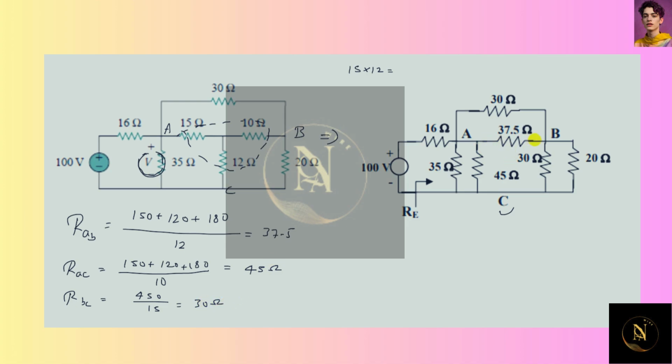So here we have made this circuit, and now combining all the resistors, here this would be 30 ohm parallel with 20 ohm. So 30 ohm parallel with 20 ohm would give you 30 multiplied with 20 divided with 50, since 30 plus 20 is 50.